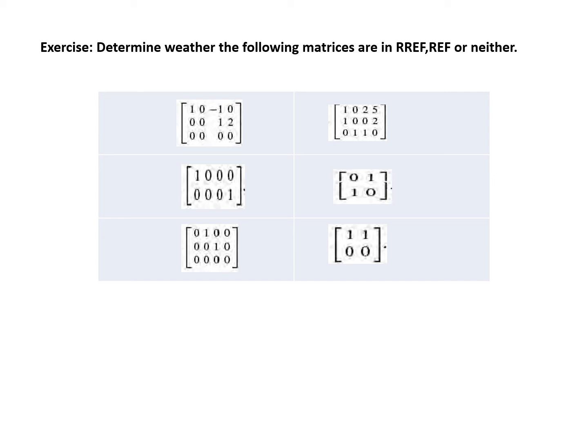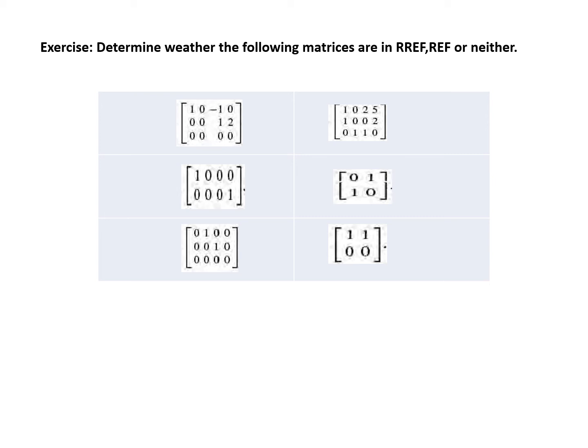Now the fourth example. Here we must first analyze whether it is reduced row echelon form, or row echelon form, or neither. So if you check, the first row has the leading one, and the second row also has a leading one. Second condition, below the leading one all elements are 0, yes.